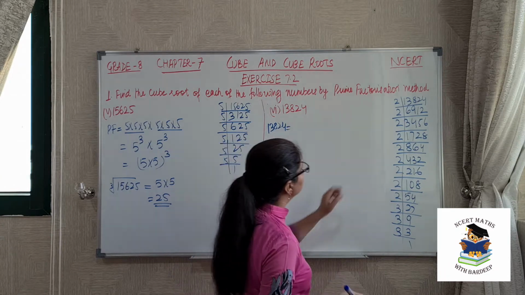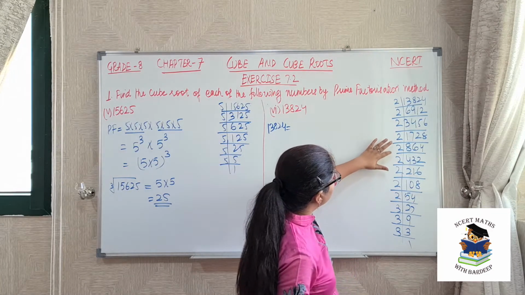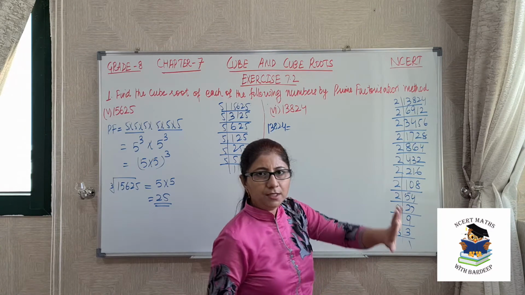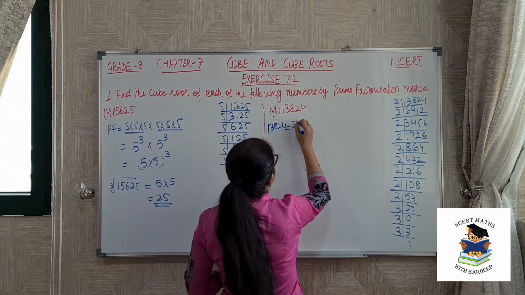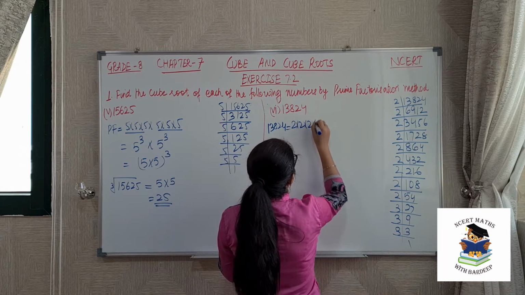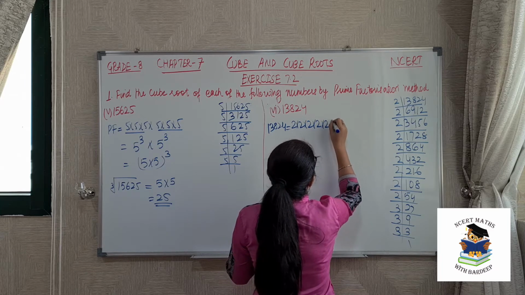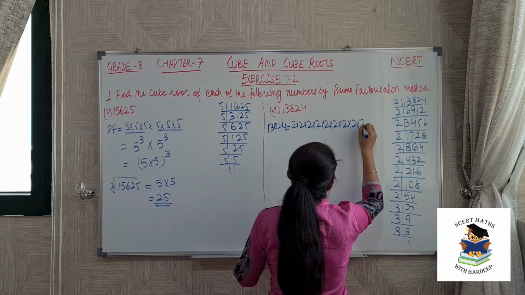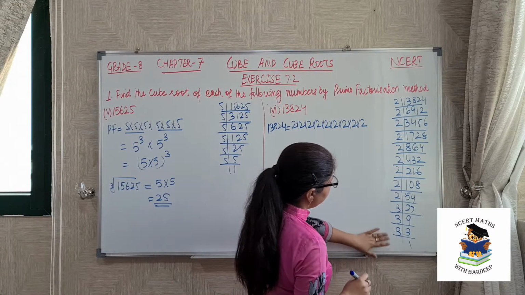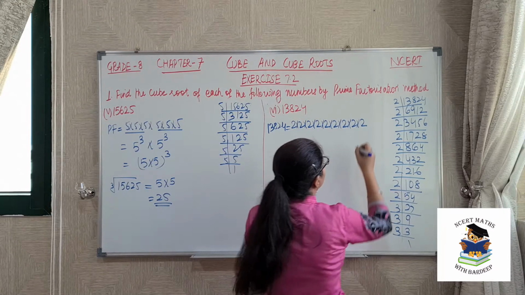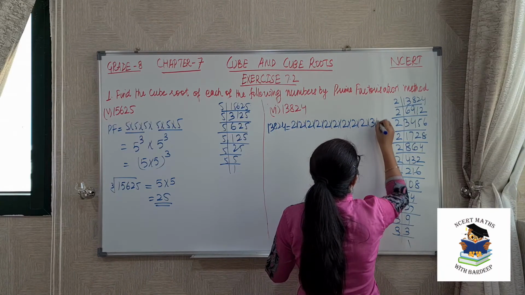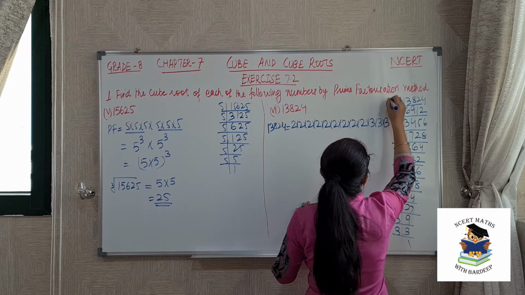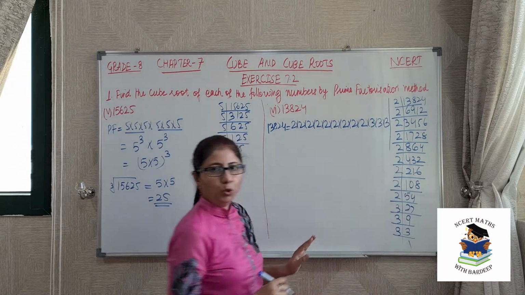13824 is equal to 1, 2, 3, 4, 5, 6, 7, 8, 9, that is 9 times 2, and then 3 times 3. So this is 1, 2, 3. Okay.